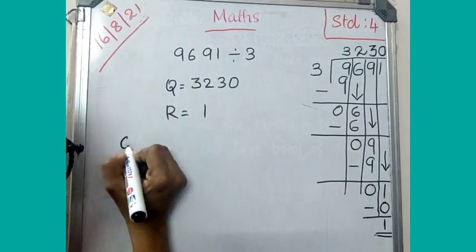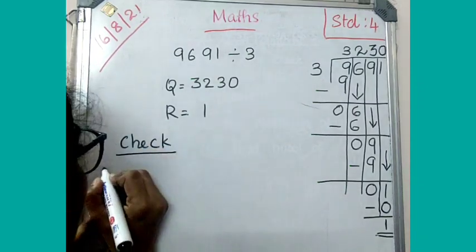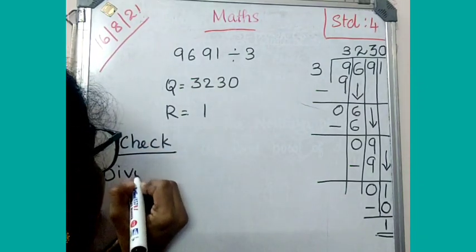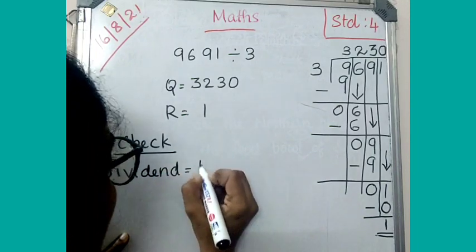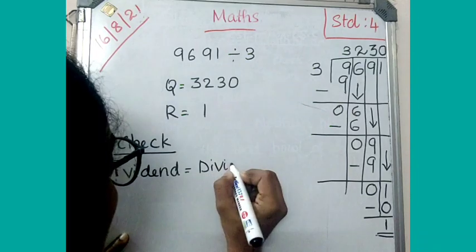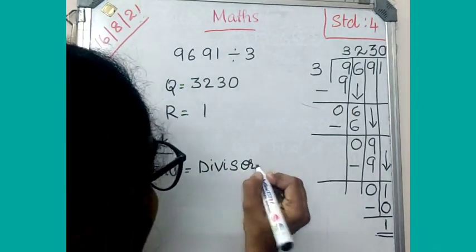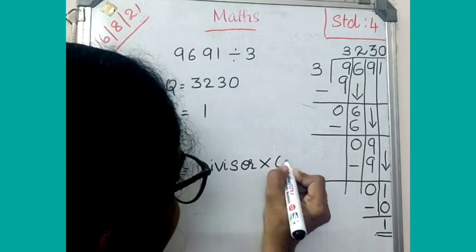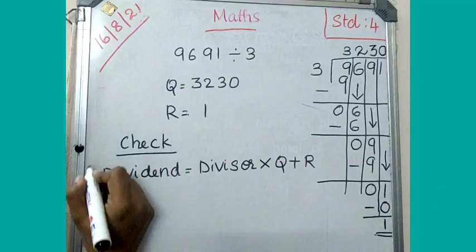And then how will you check the division? Check: dividend equals divisor into quotient plus remainder.